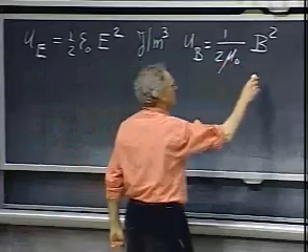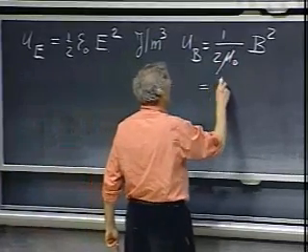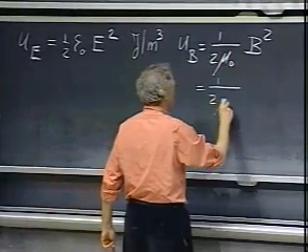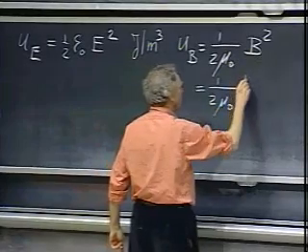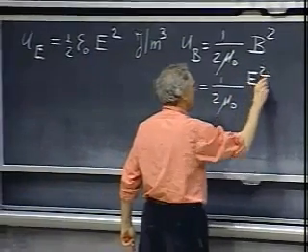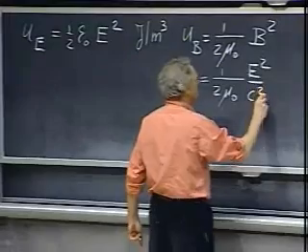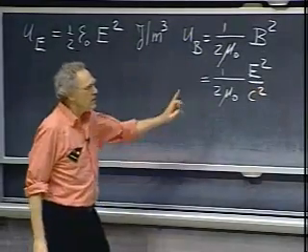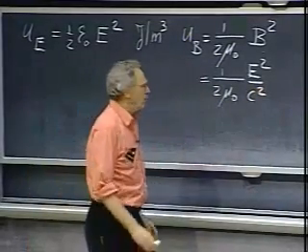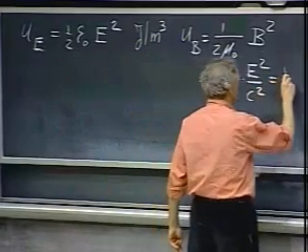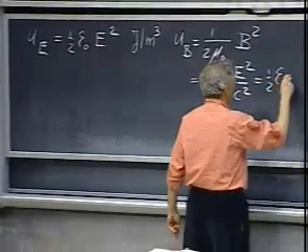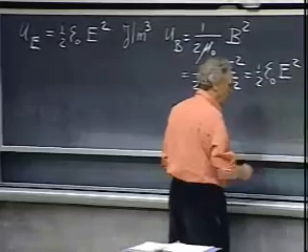So this is also 1 divided by 2 mu 0. I can replace this by E squared divided by c squared. But c squared is 1/epsilon 0 mu 0. So this is also 1/2 epsilon 0 E squared.